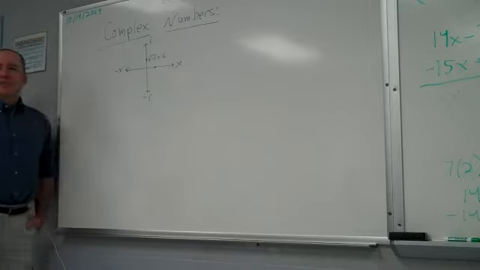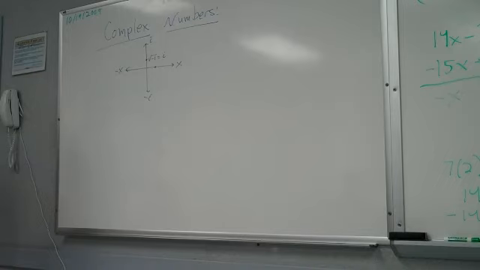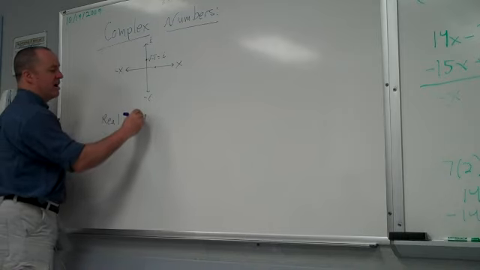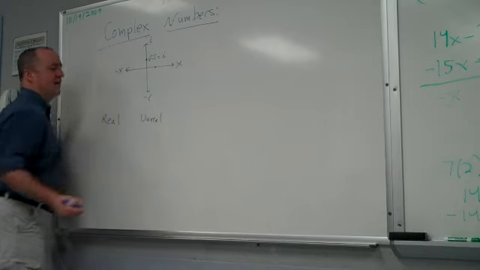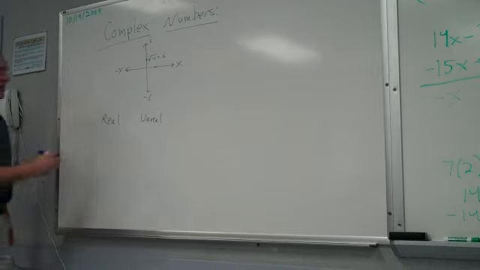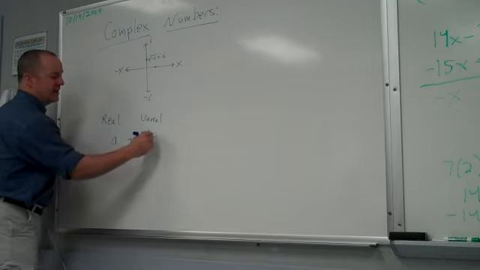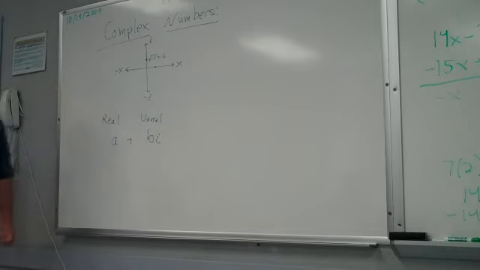In terms of manipulation of these numbers, a complex number has a real and an unreal component to it, and it's usually of the form A plus B times I. Okay? You can say every number has a real and an unreal component for that matter.